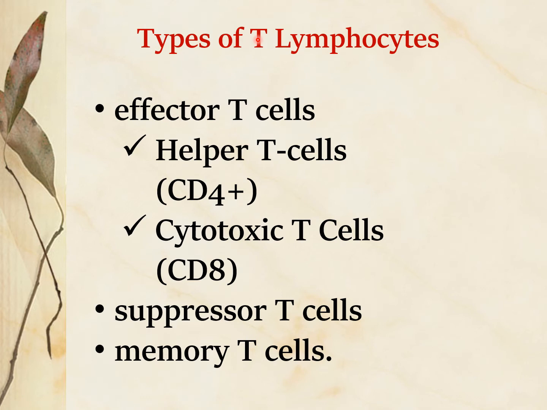The helper T cells are activated on recognition of antigens and stimulate the rest of the immune system. The cytotoxic T cells, also known as killer T cells, attack the antigen directly by altering the cell membrane, causing cell lysis or disintegration, and releasing cytolytic enzymes or cytokines.